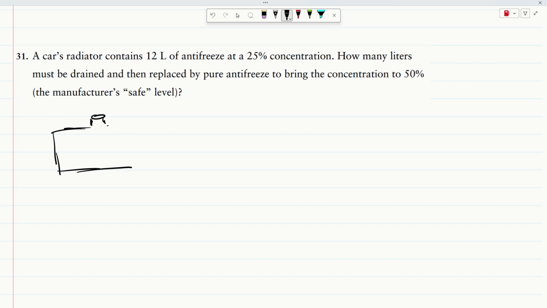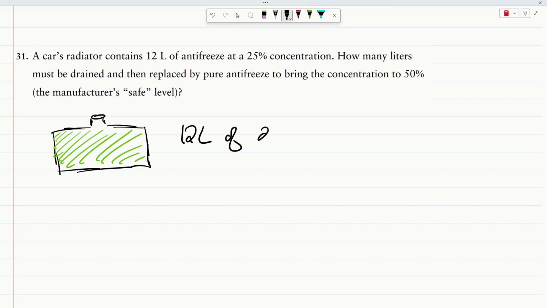Well, we got some antifreeze, and it's inside a car's radiator. We know that there are 12 liters of 25% concentration. We also know that we're going to be draining some of this, and we're going to replace it with pure antifreeze to bring the concentration up to 50%.